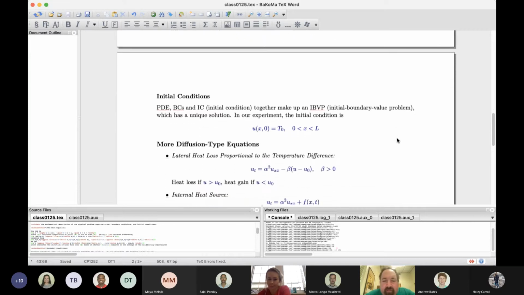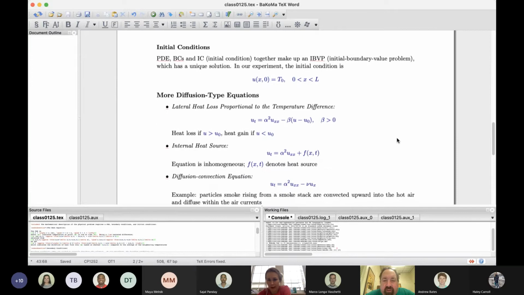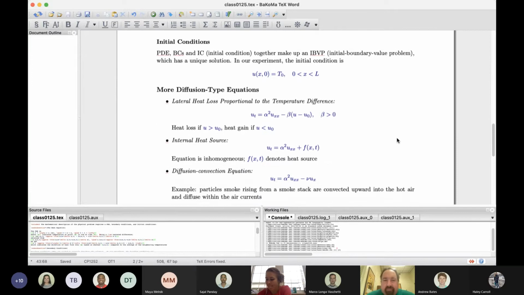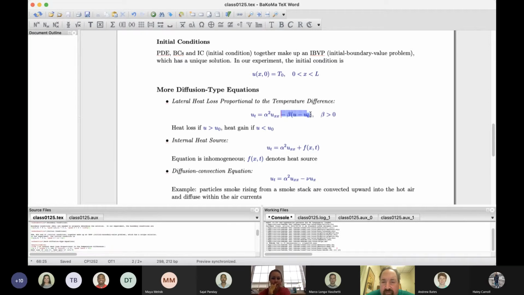All right. Here are some other examples, variations of the heat equation. In the example I set up, the sides were assumed to be insulated, but suppose they're not. Suppose there actually is heat loss out the sides. That would be accounted for by this additional term here.